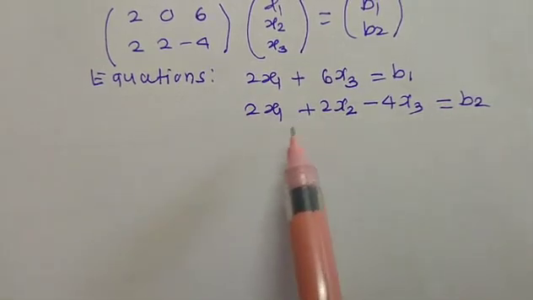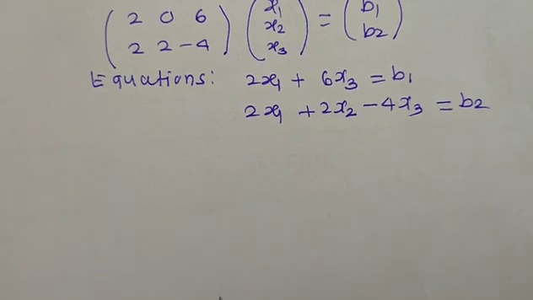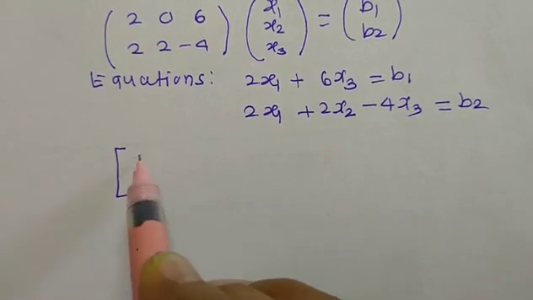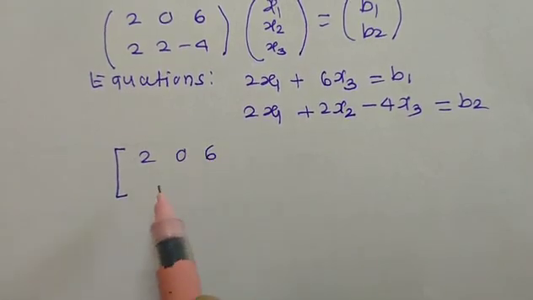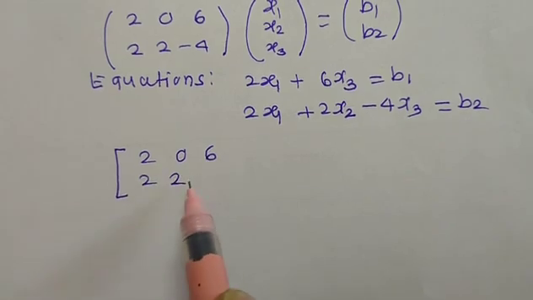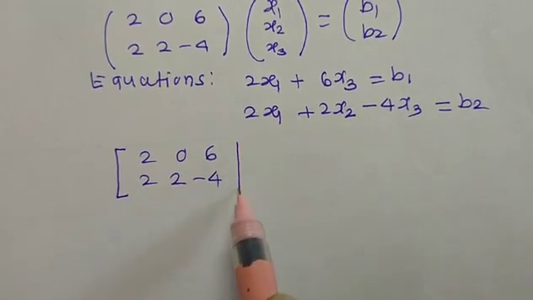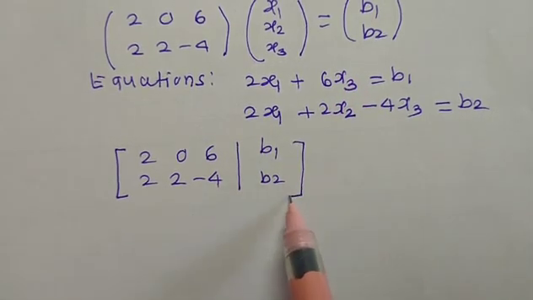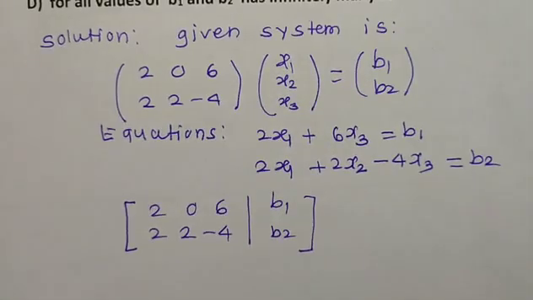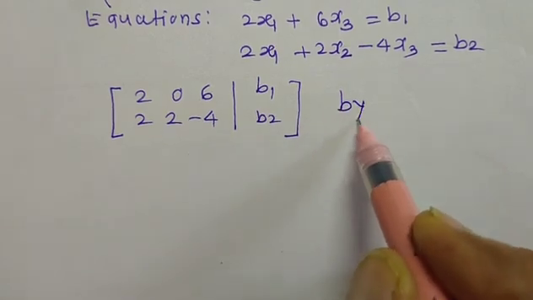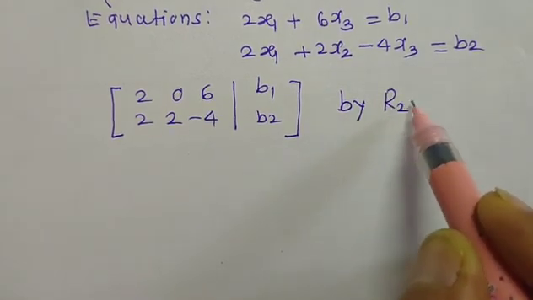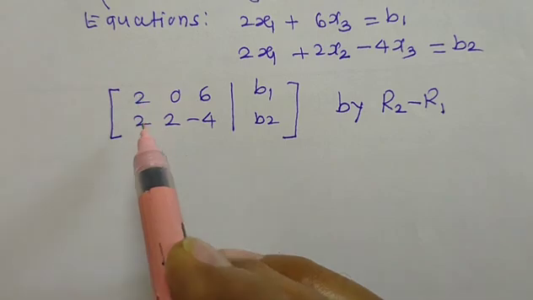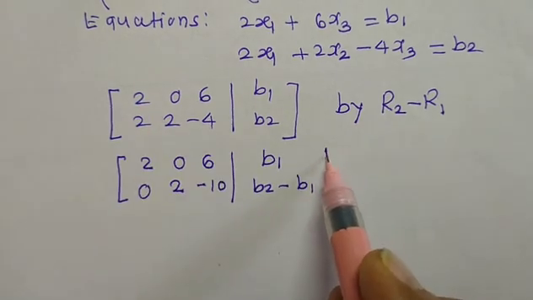Now, if you solve this using augmented form like this: 2, 0, 6, 2, 2, minus 4 and B1, B2. Okay. If we solve this by R2 minus R1, this R2 minus R1 will give you this.